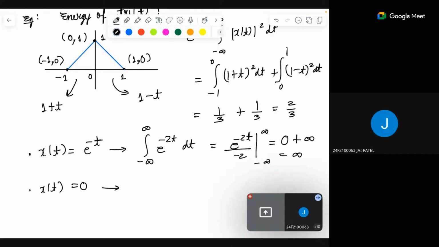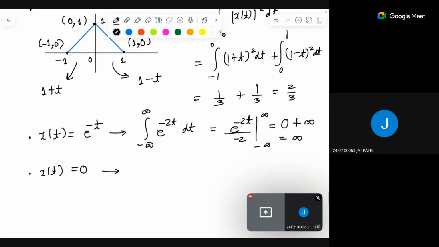I didn't notice the limits, minus infinity to infinity. This is a different signal. Now the triangular signal is done. This e raised to the power of minus t extends from minus infinity to infinity, so its energy is infinity.